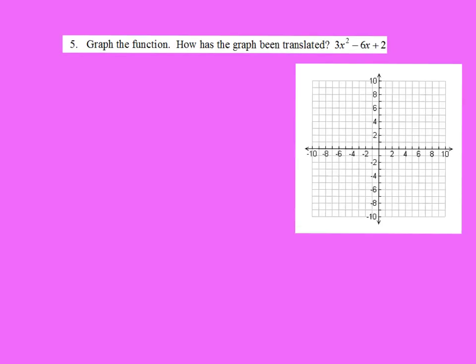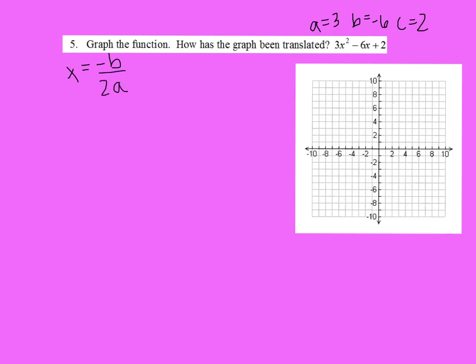Okay, so I'm going to be graphing another function here. I have to state how it's been translated as well when I'm done. So first of all, here is our function we need to be graphing. I see this is in standard form, so I'm going to identify my a, b, and c. And then I have to start off by finding my axis of symmetry using this formula.